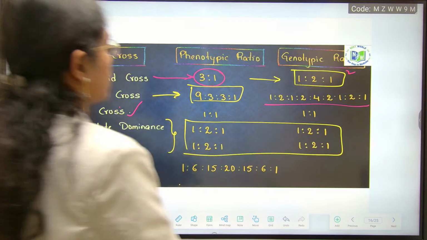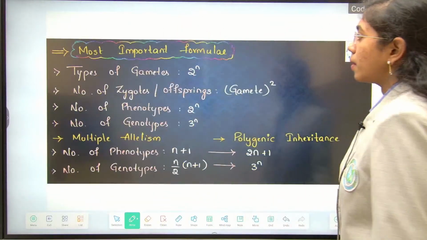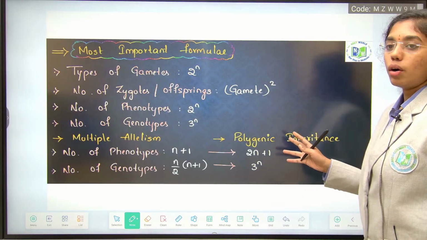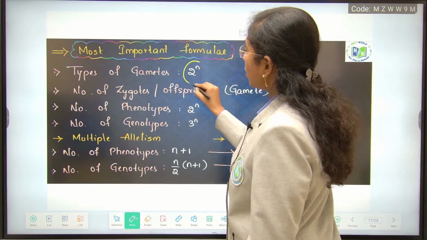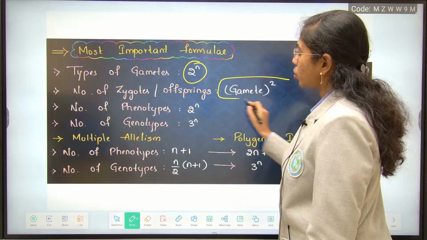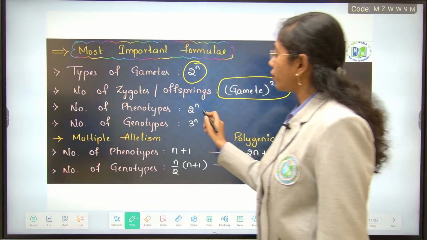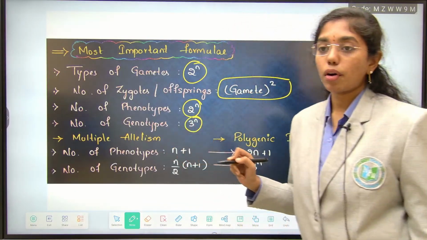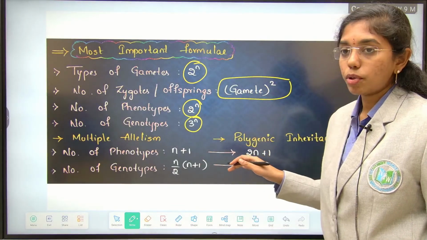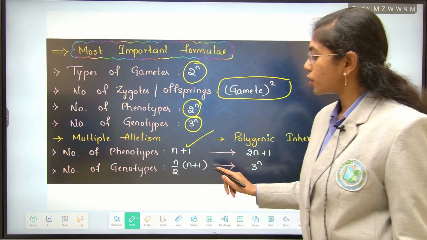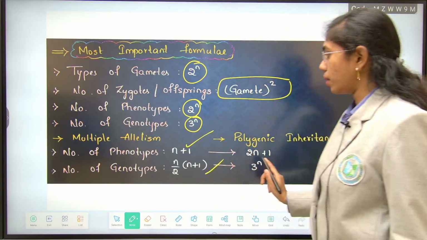Now, these are the most important formulae to be noted. One is types of gametes. To identify the number of zygotes, it is gametes squared. To identify the number of phenotypes, it is 2 to the power of n. Number of genotypes, it is 3 to the power of n. For multiple allelism, to calculate the number of phenotypes, it is n, and the number of genotypes is n by 2 into n plus 1.